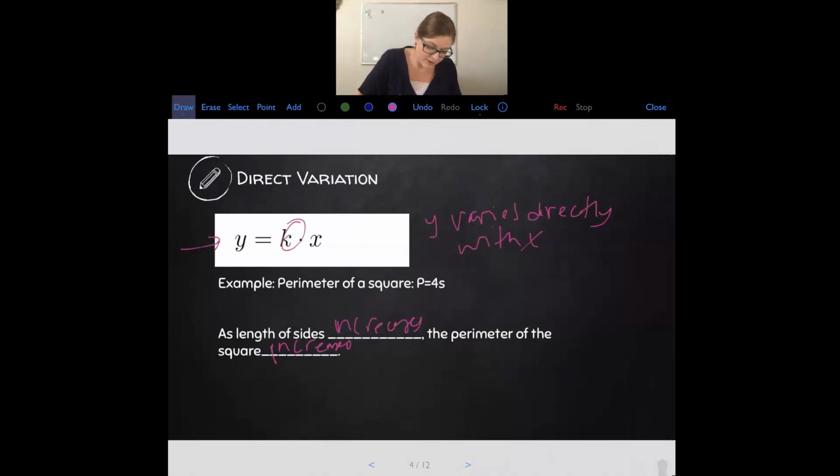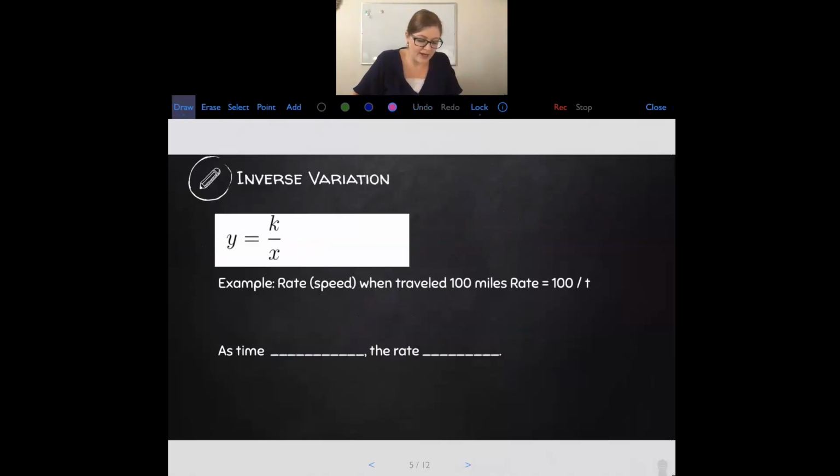For our example, this would be perimeter varies directly with the length of the sides. Inverse variation, we have y equals k divided by x. So this would be y varies inversely with x, where we have k as our constant of variation.